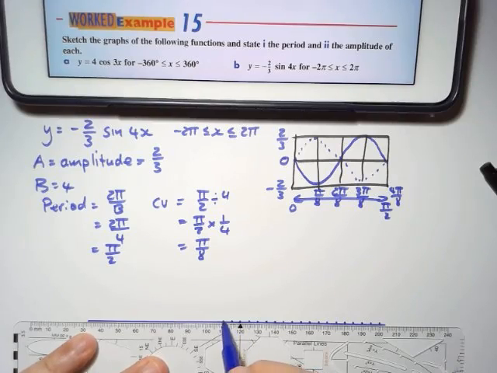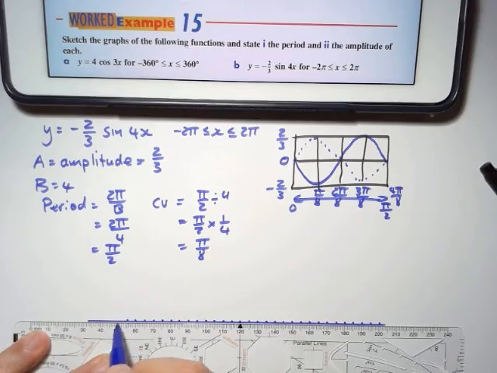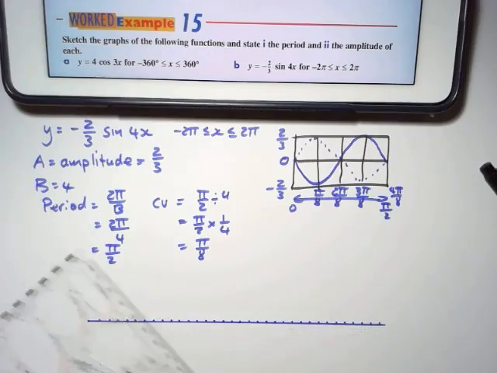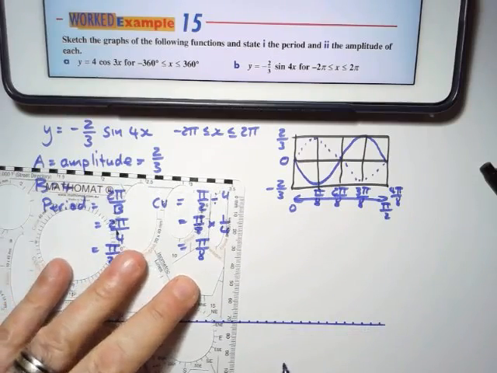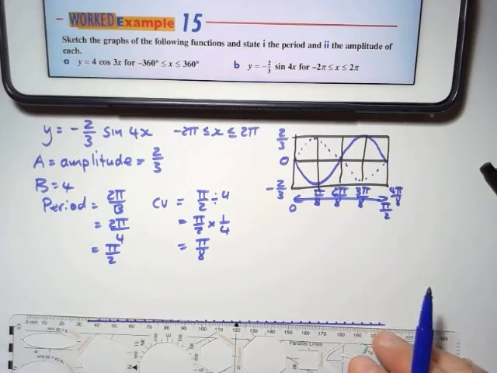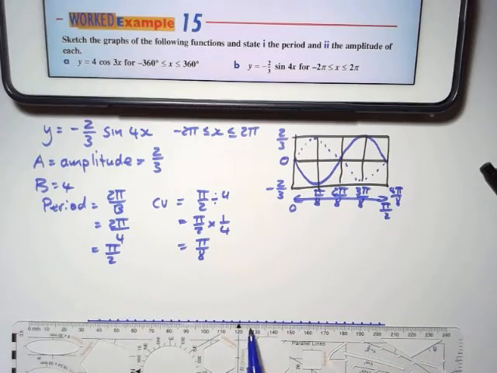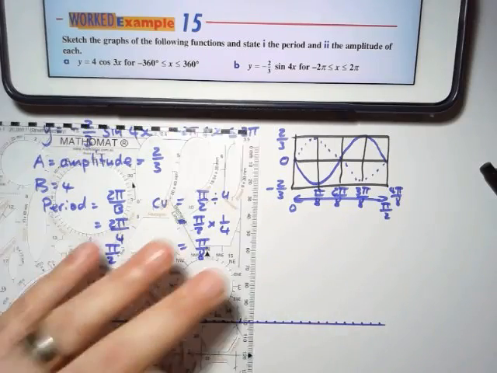Going this way, 1, 2, 3, 4, one graph, second graph, third graph, fourth graph. Oh, no, I hope I didn't mess this up. I think that was that one.